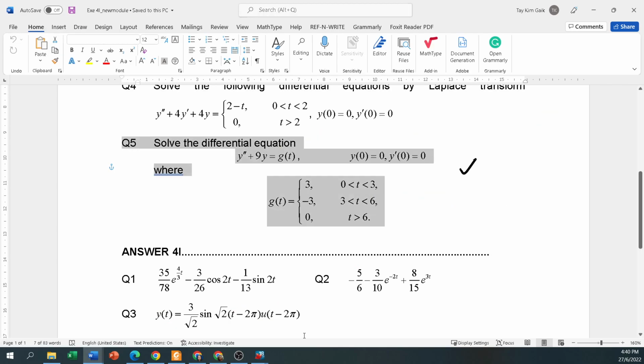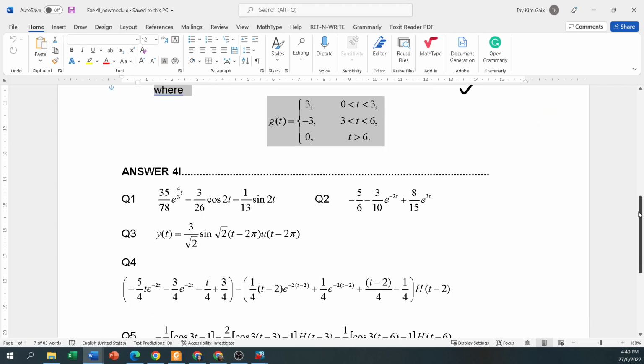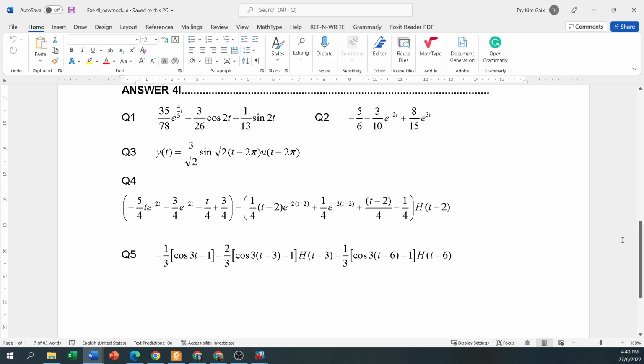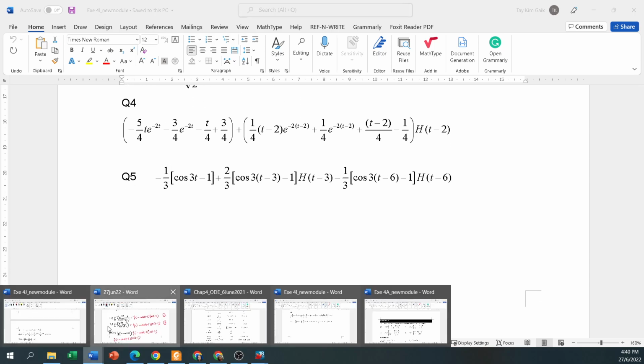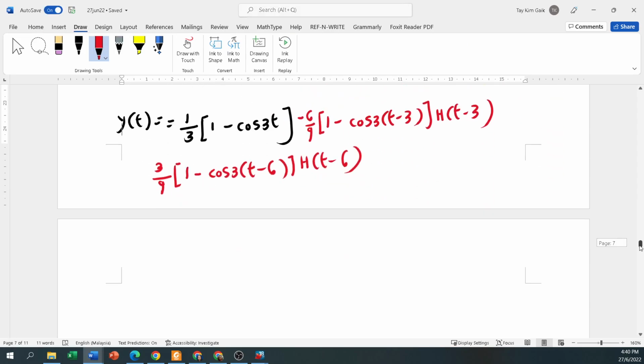That's from question 5. Negative 1/3 cos 3t, negative, negative, so this is positive 1/3.